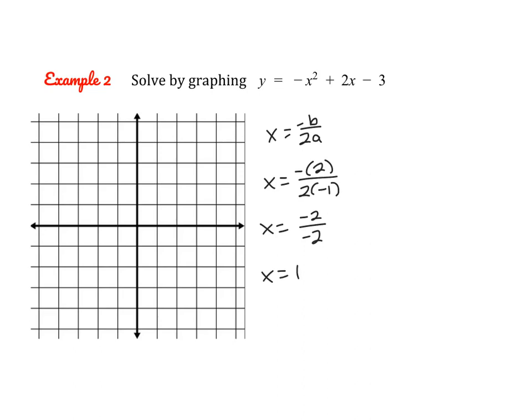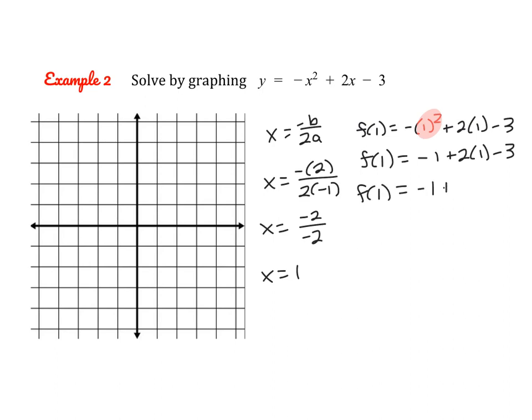Let's find the y value by substituting. So let's find f of -1. So we have -(-1) squared plus 2 times -1 minus 3. I want to remind you that we're always going to start just by doing our exponent. So that negative sticks there. (-1) squared is 1, and then I'll multiply in my next step.